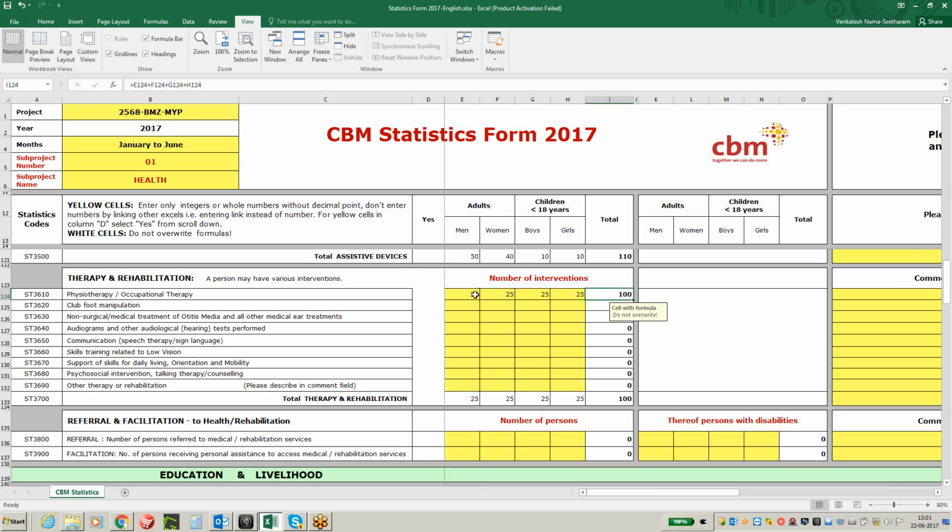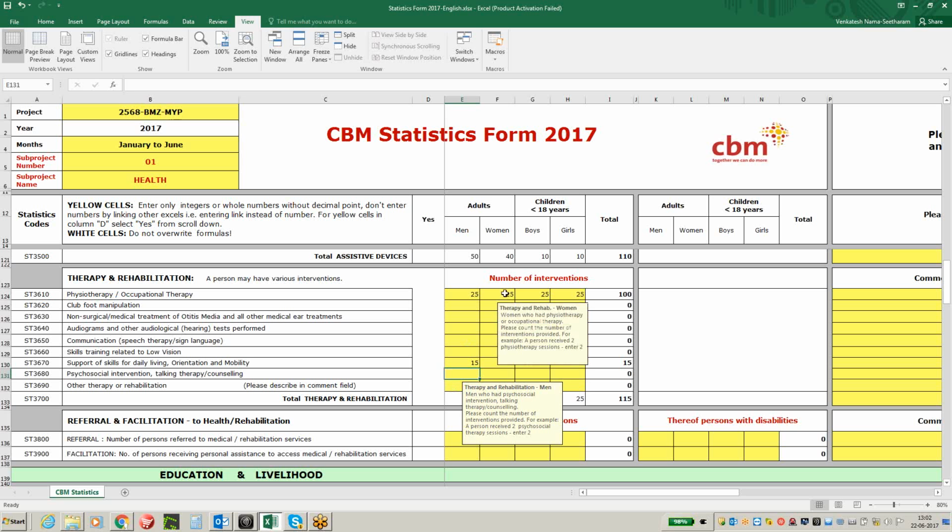If the same 4 people are receiving say 15 support skills sessions, then they put 15 here and not the persons.